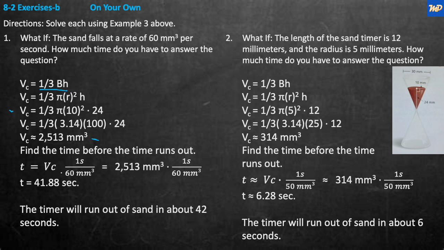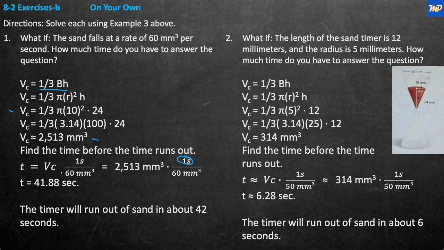The constant now is 1 second. So now we're going to convert per 60 millimeters. Before, I think it was 50. So now 1 second per 60 millimeters. We're converting to time. How soon will it run out? So as I said, you want the time units on the top.